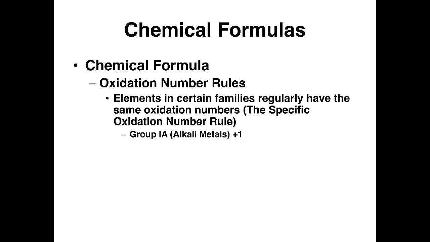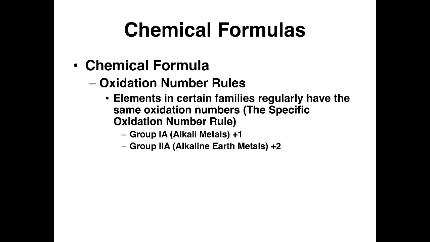The first of these rules is that group 1A, the column of elements on the left side of the periodic table, the alkali metals, almost always have an oxidation number of +1 when binding with other elements. That is rarely not true.